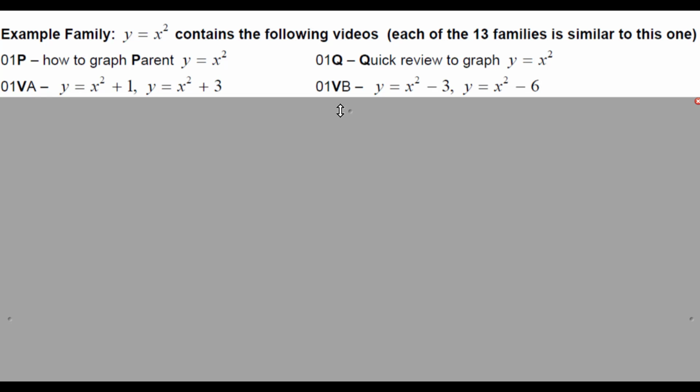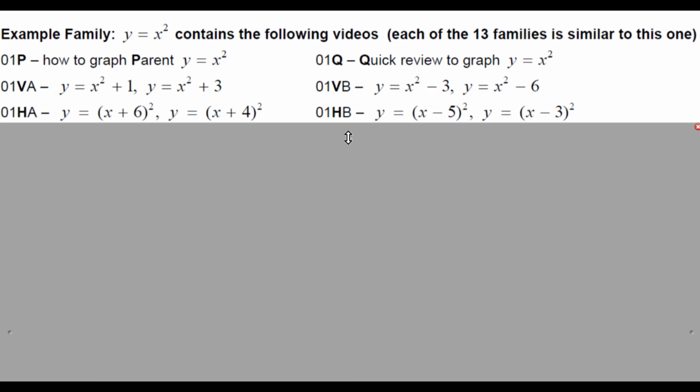Then we have 2 vertical transformations, 2 examples of vertical transformations. You'll notice there's 2 equations listed. The first one listed is the illustrated example, and at the end of one is a self-assessment called Now You Try One. So this would be the illustrated one, and this would be the Now You Try One. And then the horizontal, there are 2 sets of those.